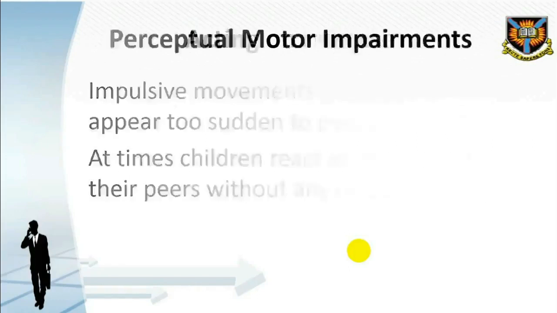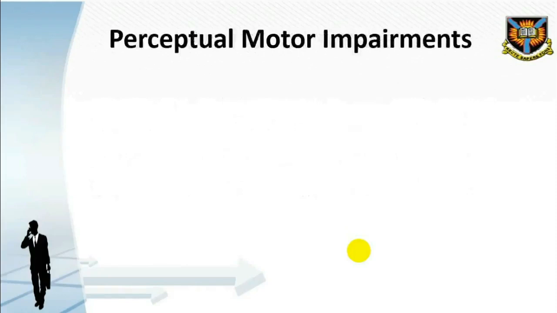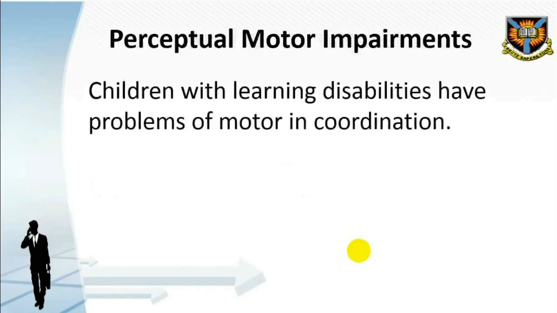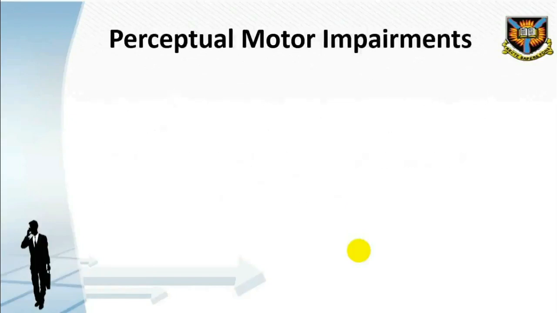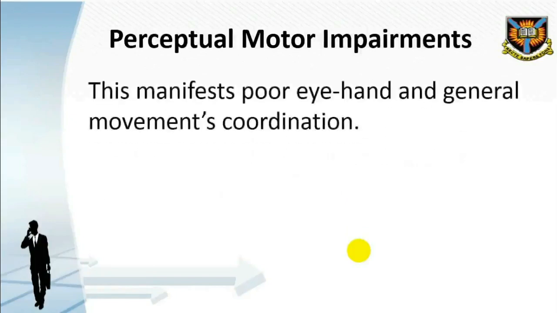9. Perceptual motor impairments. Children with learning disabilities have problems of motor coordination. They experience poor gross motor and fine motor coordination. This manifests as poor eye, hand, and general movement coordination.